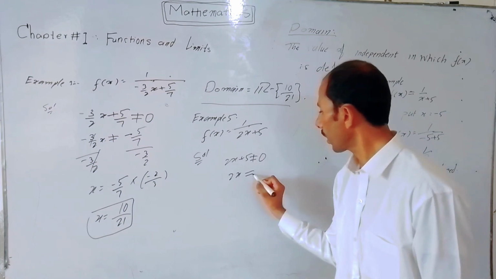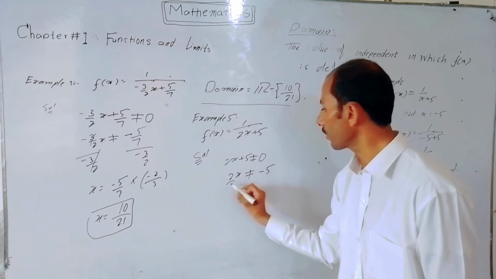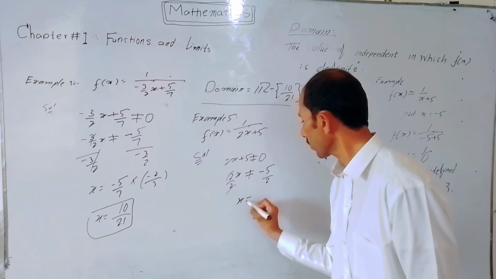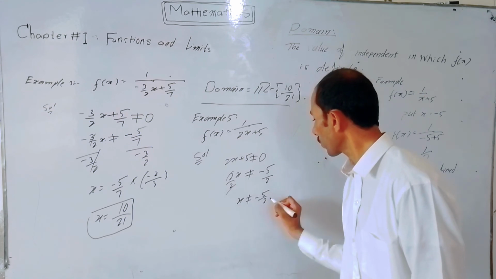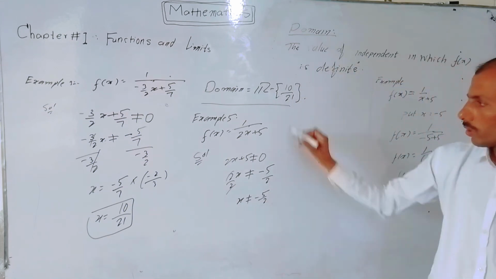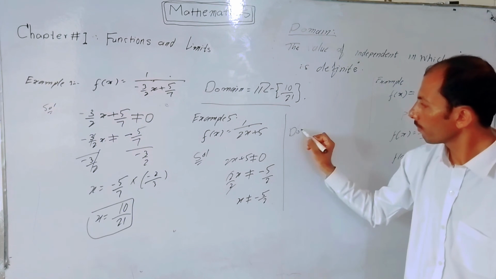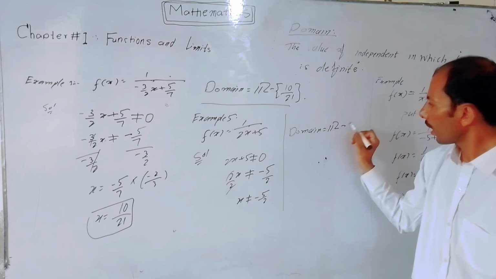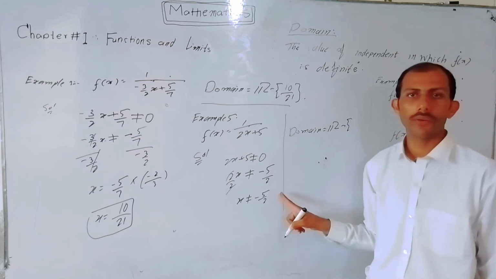So 2x not equal to minus 5, dividing by 2 on both sides, 2 cancels. x not equal to minus 5 over 2. So the domain is equal to all real numbers other than minus 5 over 2.